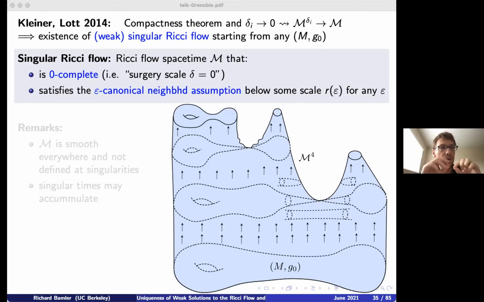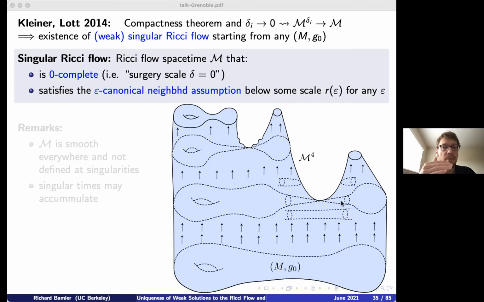Topologically, some double cone minus the vertex. And then for any time that's bigger than that singular time, this double cone is being resolved by these two bowls. So there's no discrete step anymore where we perform a surgery. It just immediately resolves out of the singularity.